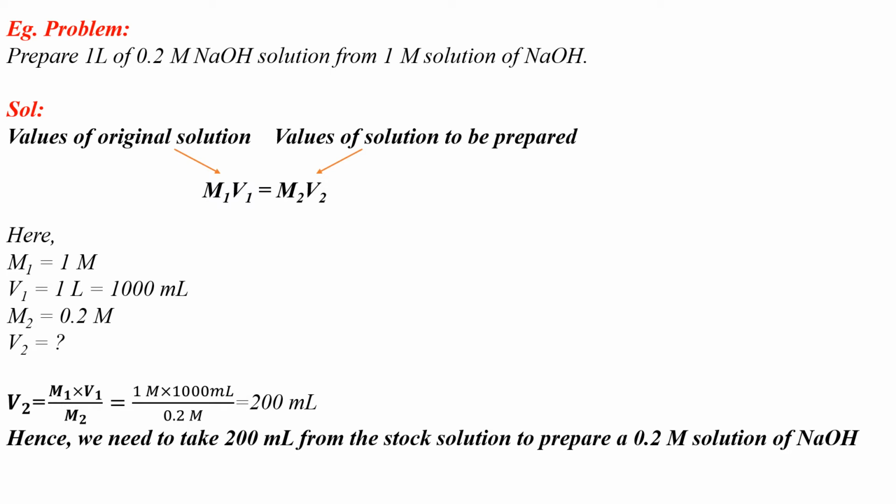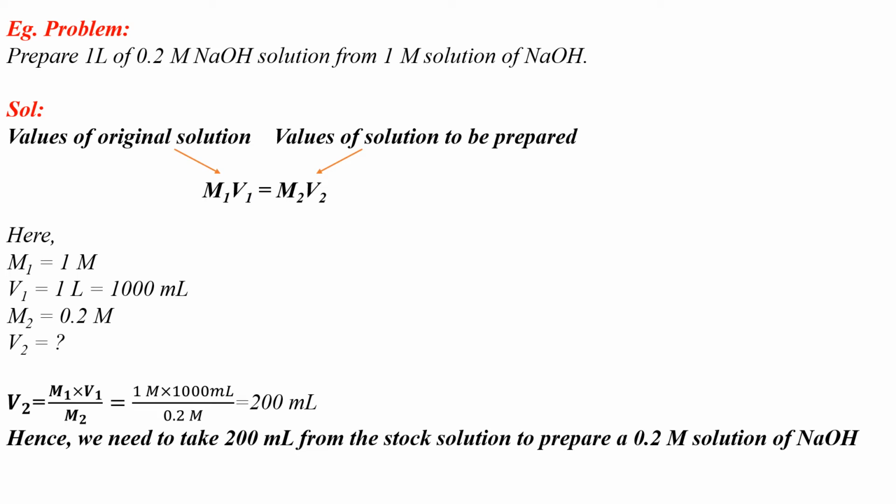Now the molarity of the dilute solution that you are asked to prepare is 0.2 molar, and you should calculate V2. V2 is the volume that you should take out from the original solution flask in order to dilute it and make a 1 liter solution of 0.2 molar. So you would rearrange the molarity equation as V2 is equal to M1 into V1 divided by M2.